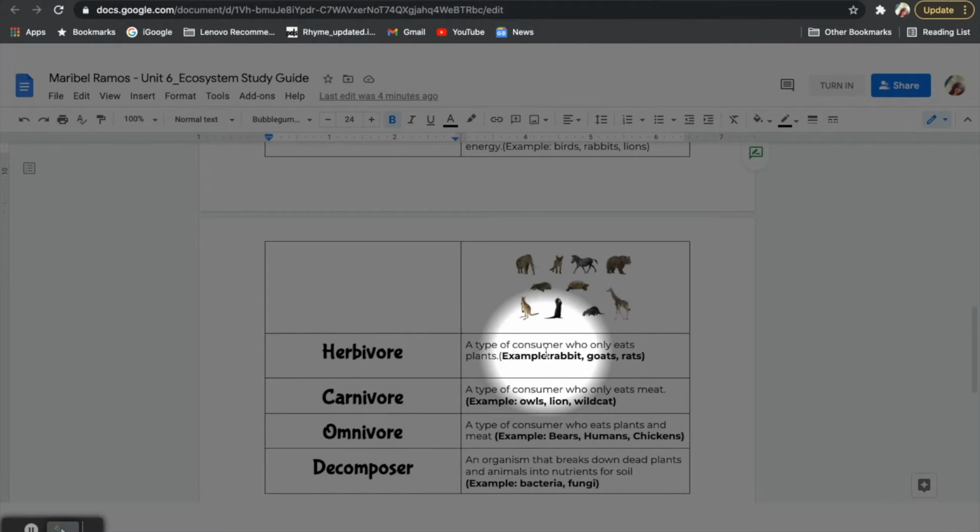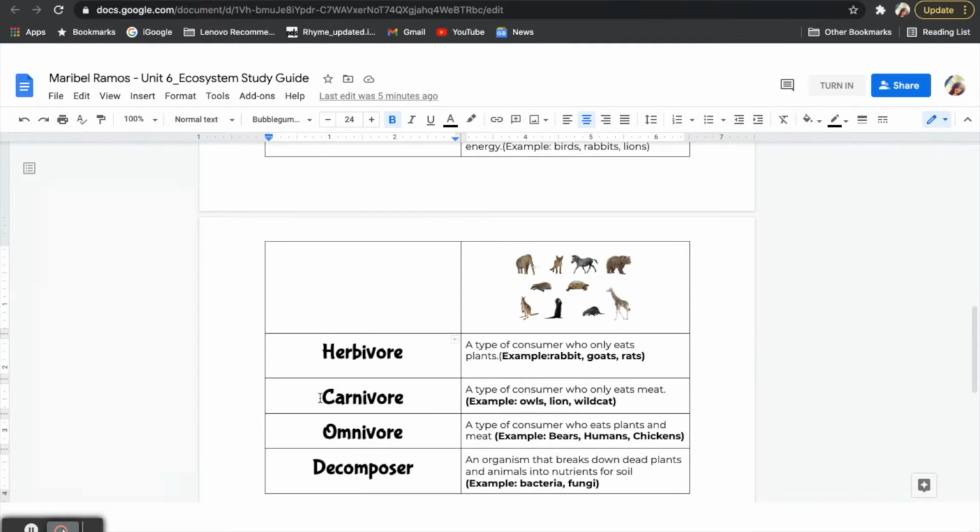Within our consumers, there are different types of consumers. Another example are carnivores. Carnivores are those consumers who eat meat. Carnivores are also consumers. The difference between a carnivore and a herbivore is that the diet of a carnivore consists of meat, meaning that they will eat other animals for their energy.